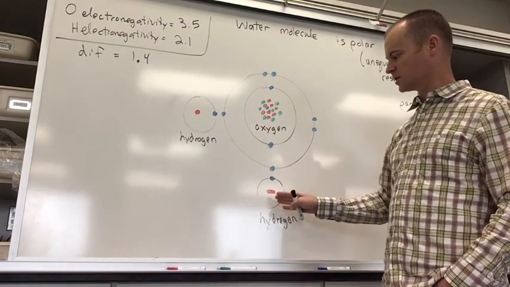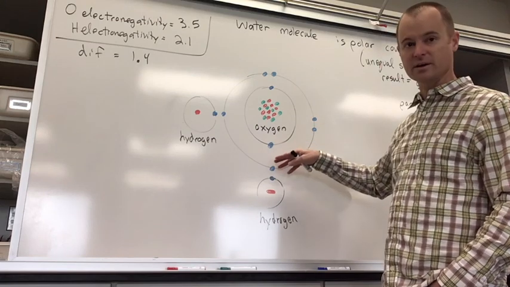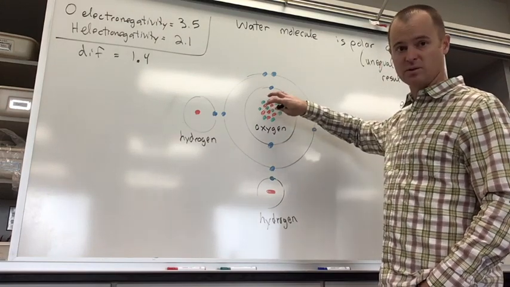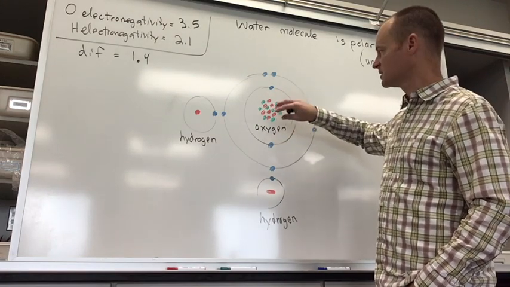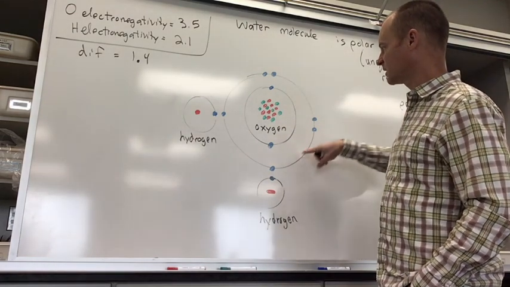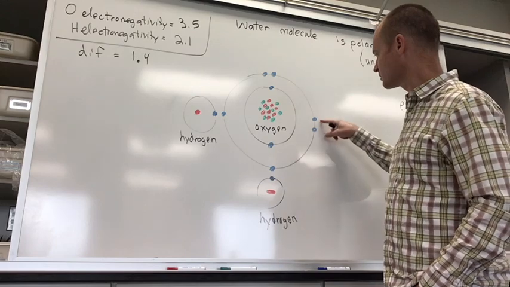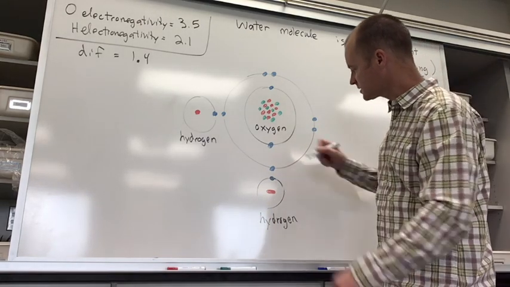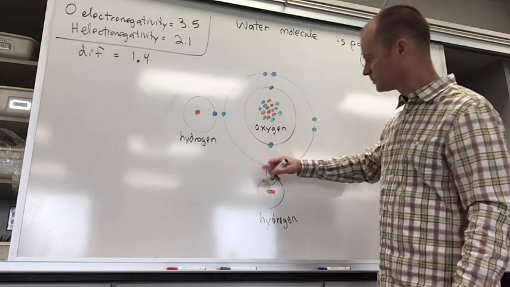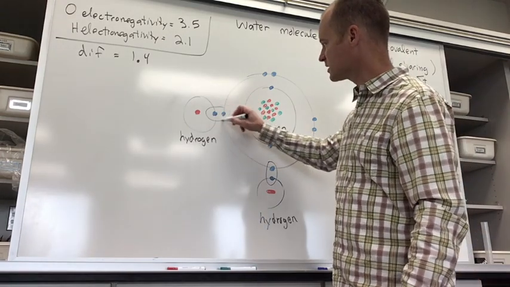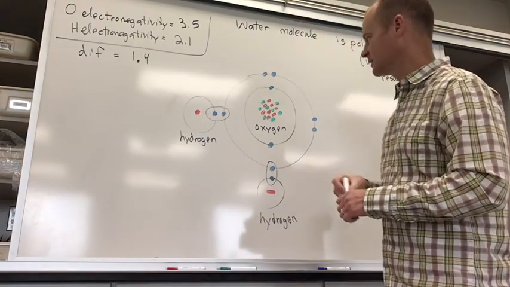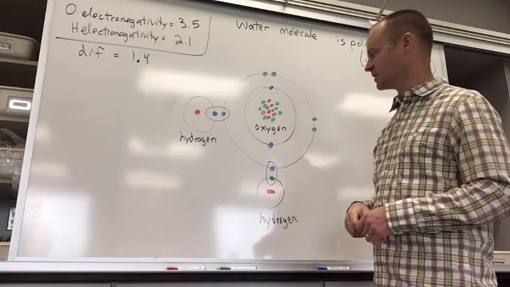So oxygen, when it's sharing electrons with hydrogen, the nucleus stays the same. The nucleus still has just 8 protons. But if you look at the outer shell now, or outer ring of electrons, it has 1, 2, 3, 4, 5, 6, 7, 8. So oxygen is happy, right? It's got its 8 electrons.